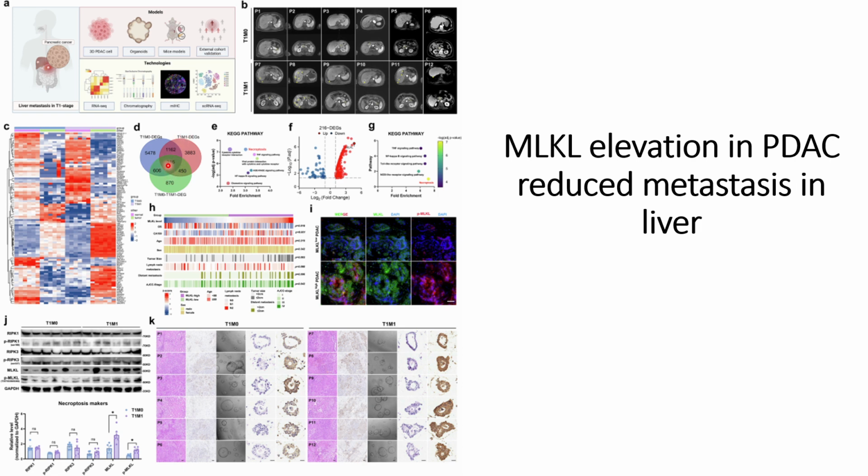And when they used these 216 genes to find out the pathways that are dysregulated, they found that necrosis is the pathway that is highly dysregulated in these 216 common genes using the KEGG pathway.